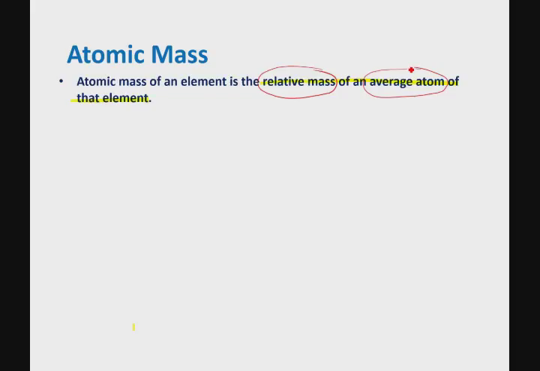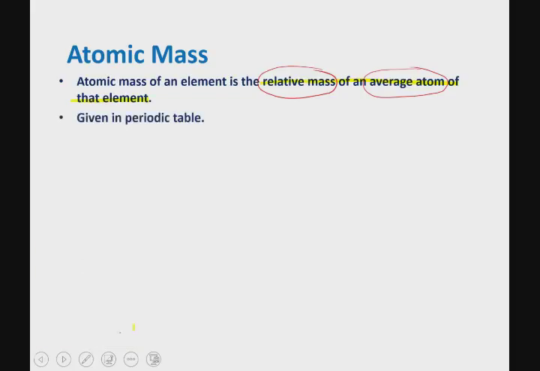Nature decides that, we don't. So an average atom of an element would basically be an atom that is considering all the isotopes of that element present. So the atomic mass that is given in the periodic table for every element is the relative mass of an average atom for that element.